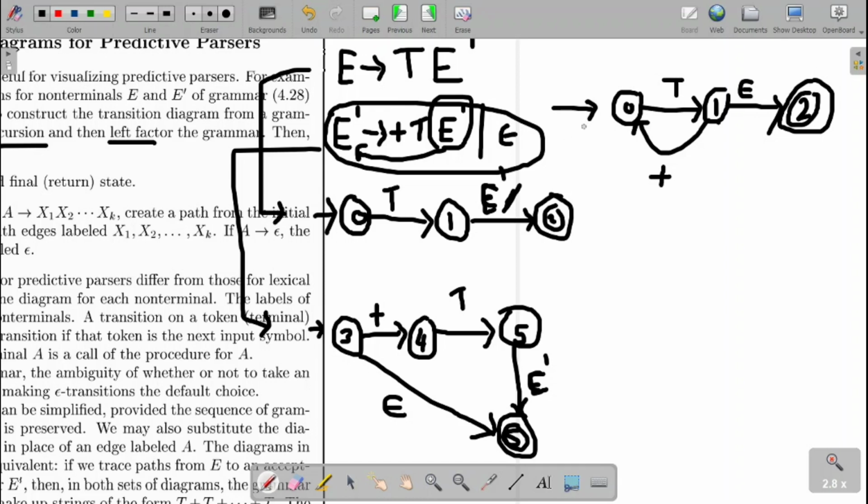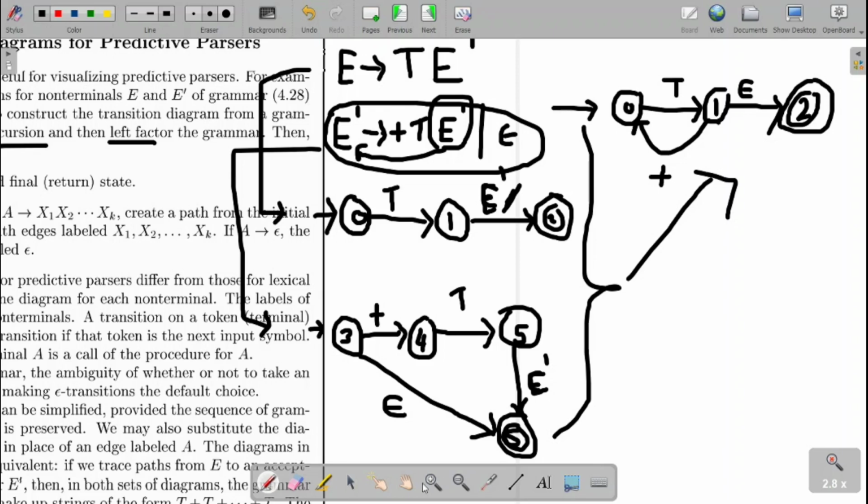In place of these two, this is an equivalent transition diagram. So this is how it will be constructed: either we go with the single one or with the equivalent one. Both are applied. This is how we construct the transition diagrams for predictive parsers.